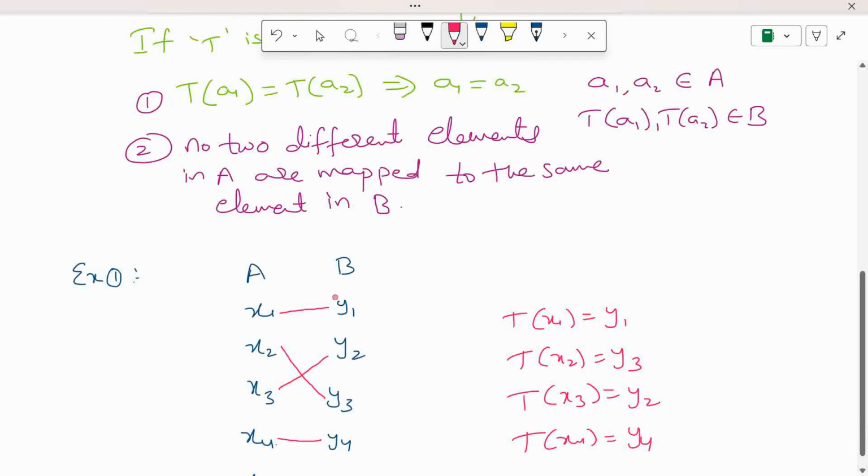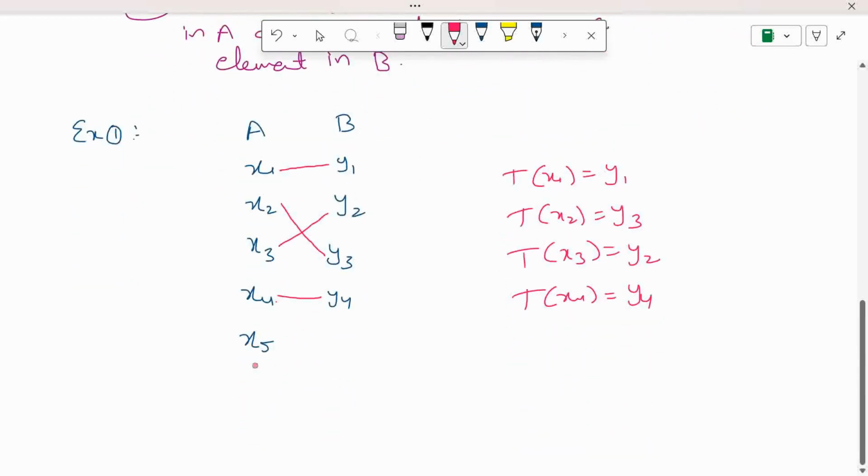Because if there is also another element x1 and y1, there will be a similar mapping, because of the function. So y1 equal to y2 here, therefore T of x1 equal.